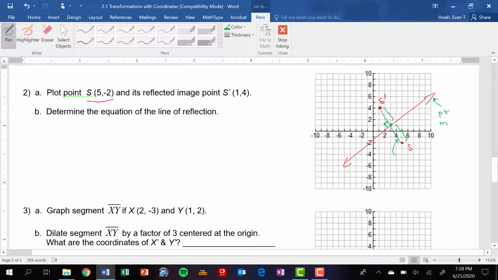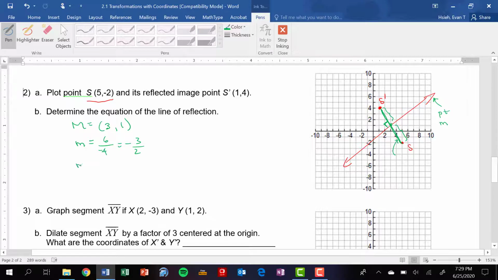So let's do that. The midpoint is going to be the average of the x's and the average of the y's. So it's going to be 3, 1, right? 5 plus 1 divided by 2, and negative 2 plus 4 divided by 2. And then the slope of the green segment from the 2 points is going to be 6 over negative 4, which simplifies to negative 3/2.